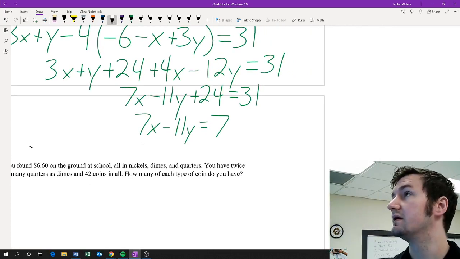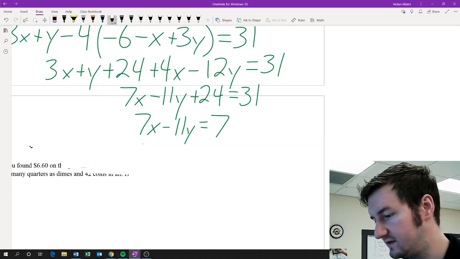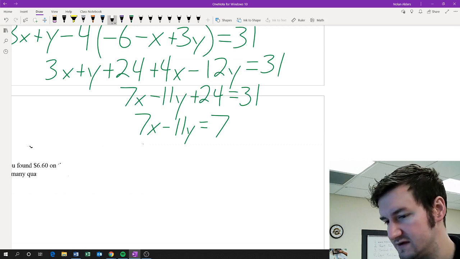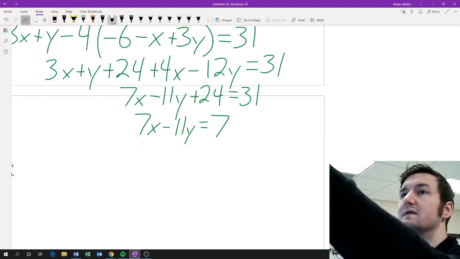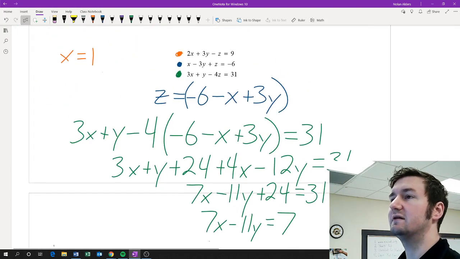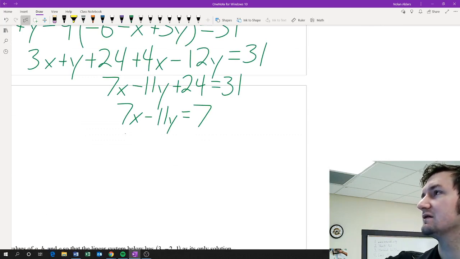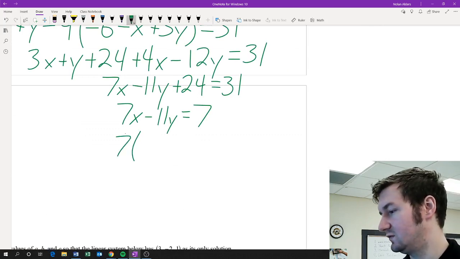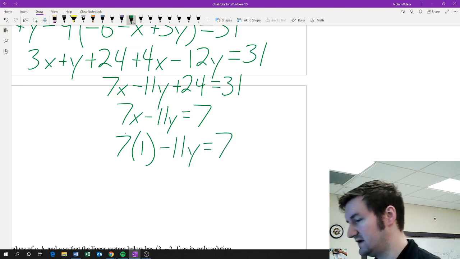Okay, so we have an equation here with two unknowns, but remember that we know what x is. Remember, we solved for x a second ago, so we can substitute in x into this equation to figure out what y is. So let's look back at what x is. x equals 1, so let's substitute that in here. So we'll have 7 times 1 minus 11y equals 7.